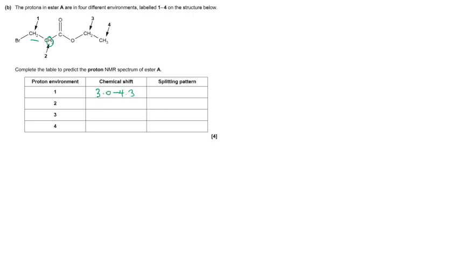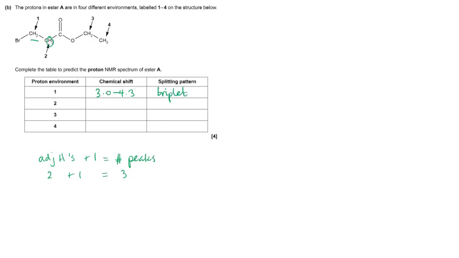So let me just write our n+1 rule here. The hydrogens that are on adjacent carbon, call them adjacent hydrogens, plus 1 is the number of peaks. And so if we've got 2 adjacent hydrogens, 2 plus 1 equals 3. So we've got a triplet. So we're going to put a triplet in here.